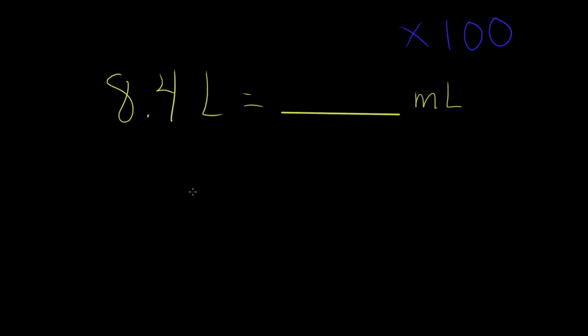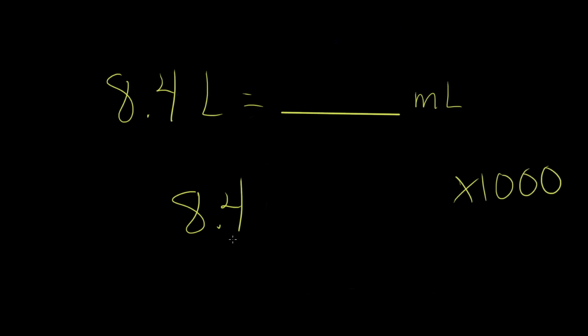So when we do 8.4, we want to multiply it by 1,000, because we know the conversion is 1,000. If we multiply it by 1,000, that would be moving the decimal 3 places to the right. 1, 2, 3. I'm going to fill in my zeros. And here's our new decimal.